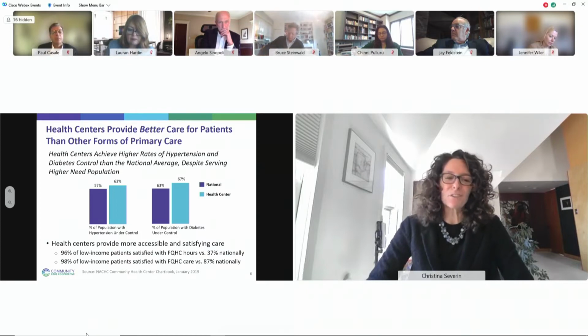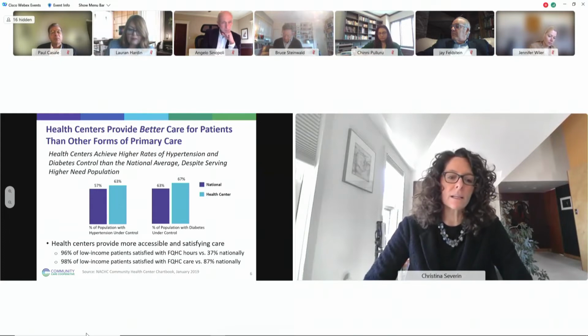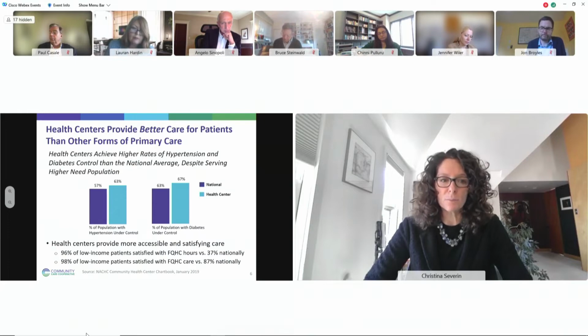As a reminder, there is very strong evidence that health centers outperform other primary care settings on quality and on total cost of care. This slide is about quality, and it is a reminder that the publicly available data concludes that health centers outperform the rest of the national market on 2 quality measures here. One is patients with hypertension whose hypertension is well controlled, and people with diabetes whose hemoglobin A1C is being successfully controlled.